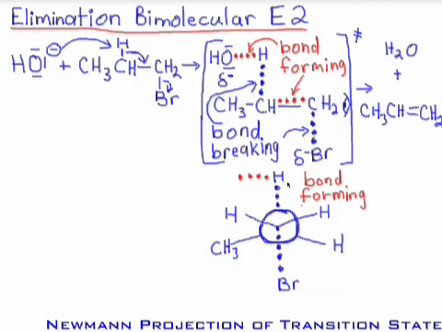So if you like, there's a bond forming here. There. And there is a bond forming right here. But I can't really show that because that's the axis we're looking down. And so we have a bond breaking.